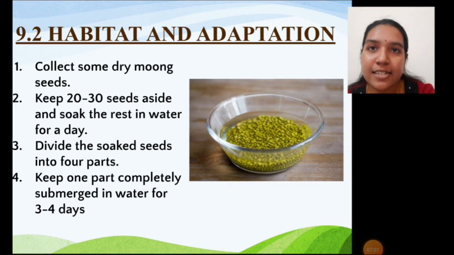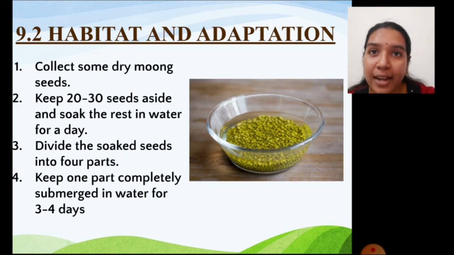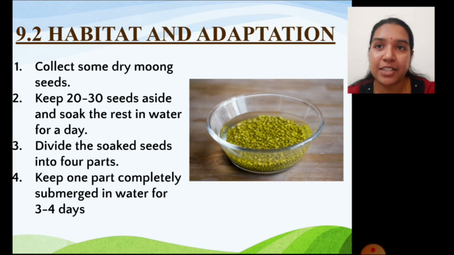Let us understand this beginning of a new life of a plant and the effect of abiotic factors on it by performing an activity. First, you collect some dry moong seeds, which is also commonly called green gram.